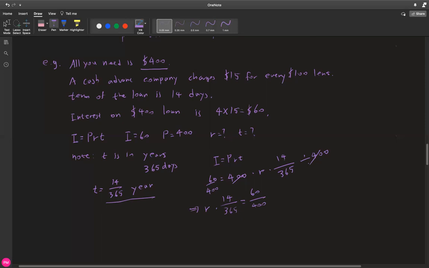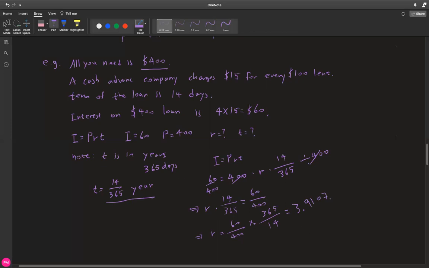And now you're simply dividing the whole thing on each side, to end up with 60 over 400 multiplied by 365 divided by 14. Now you put this into the calculator, and you get 3.9107.